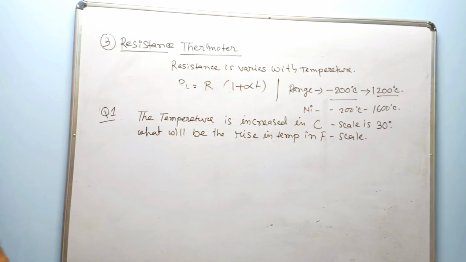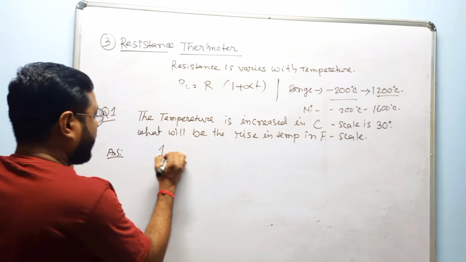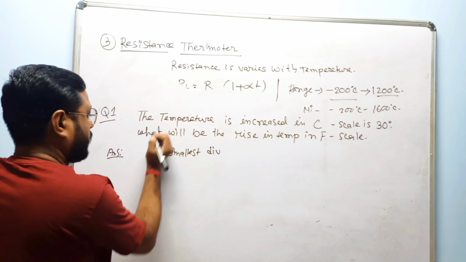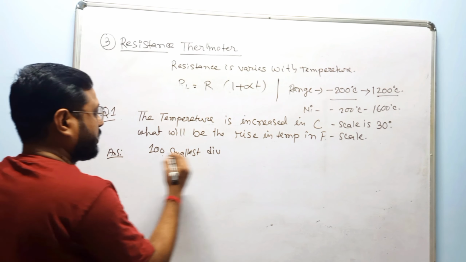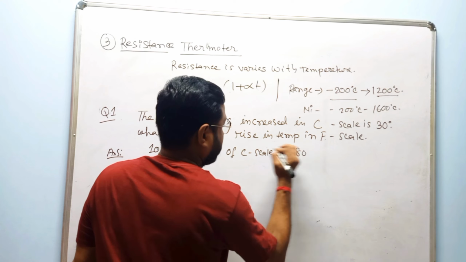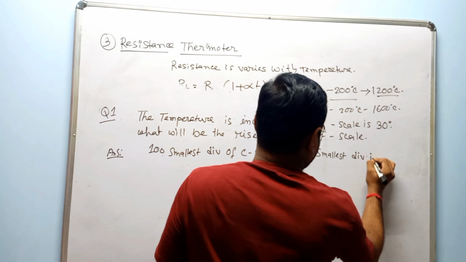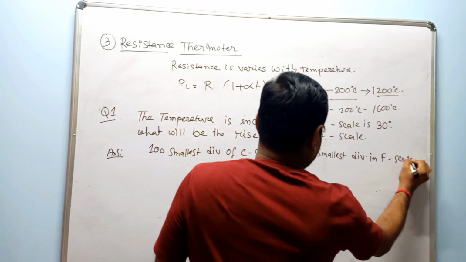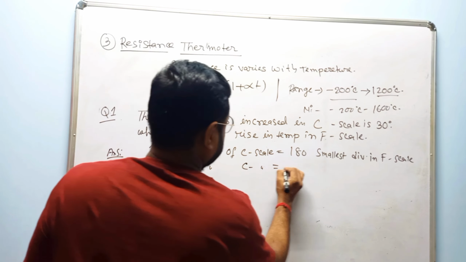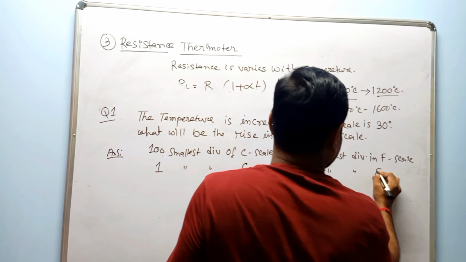To do this type of numerical, we know that 100 smallest divisions of C scale must be equal to 180 smallest divisions in F scale. So one smallest division of centigrade scale must be 1.8 smallest divisions in F scale.